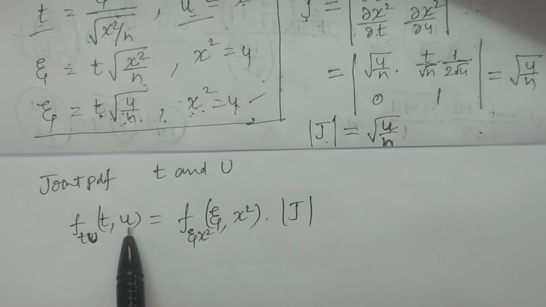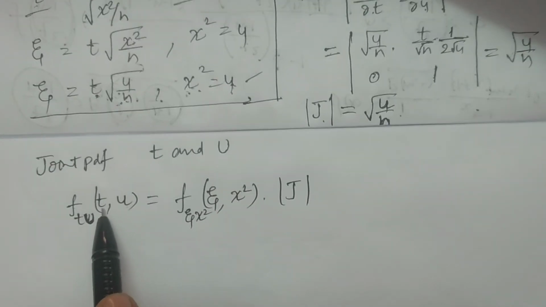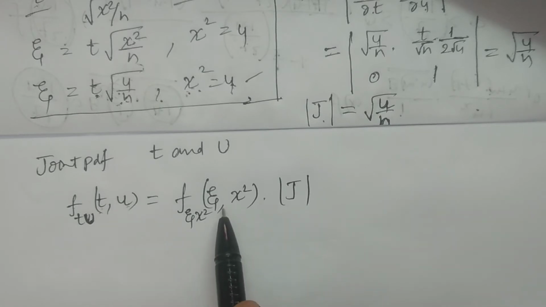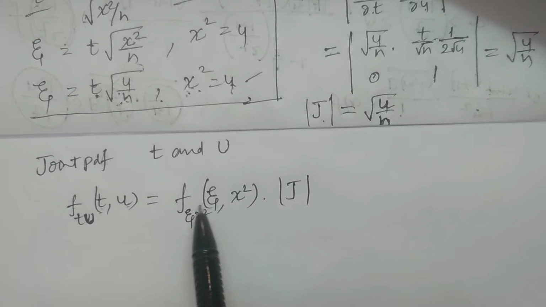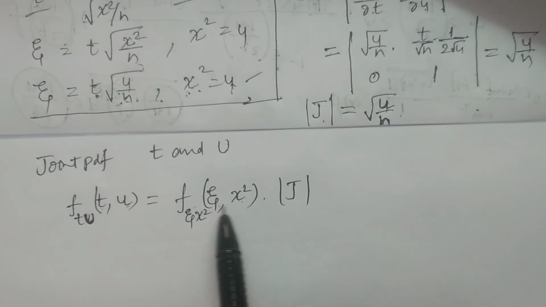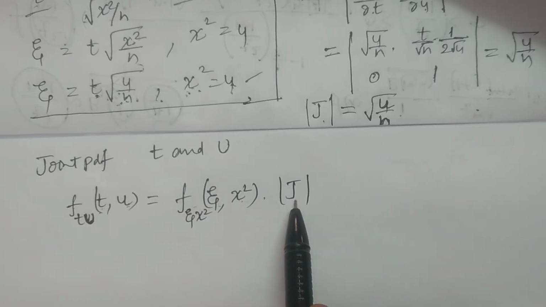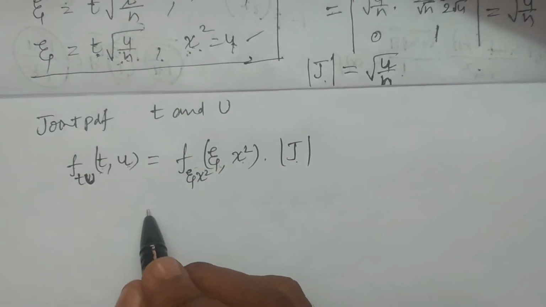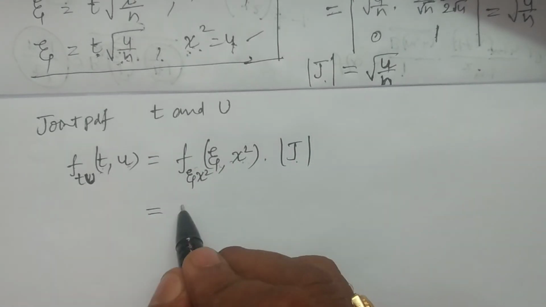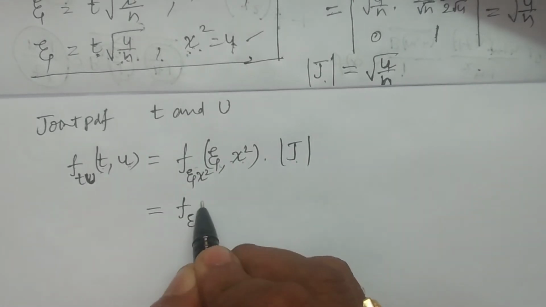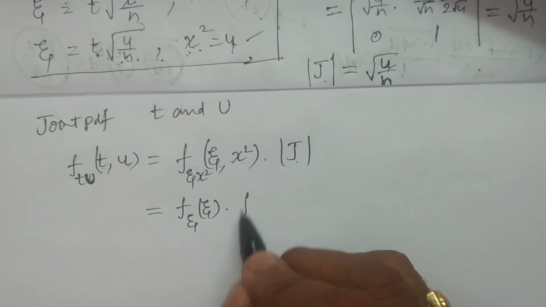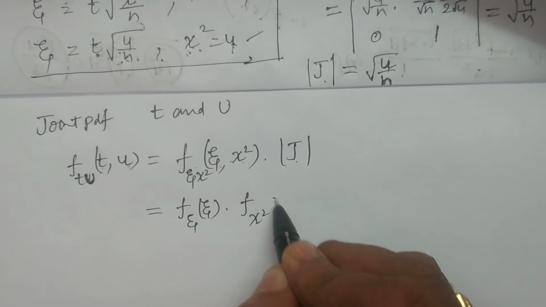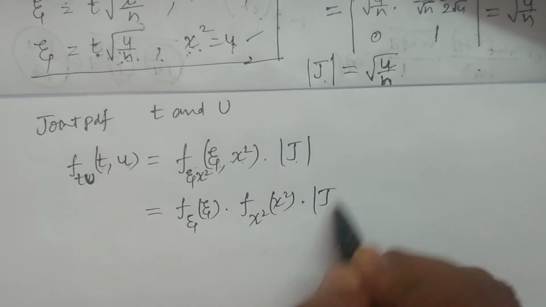For t and u, the joint density function can be expressed, by using the two variable transformation method, as the joint PDF of xi and chi square multiplied by the modulus of the Jacobian. Because xi and chi square are independent, we can write f of x into f of y, if x and y are independent. Therefore f xi of xi and f chi square of chi square multiplied by the Jacobian J.